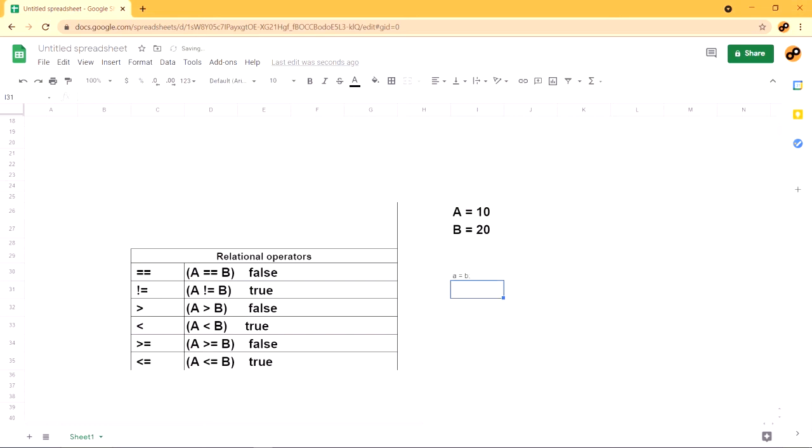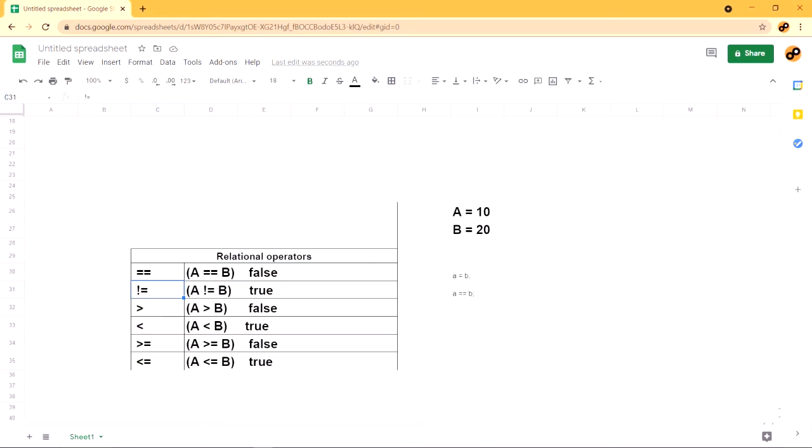So to check whether both values are equal, we give a double equal to b, so that the compiler checks if the value of a is equal to the value of b. So a equal to b is false, obviously.